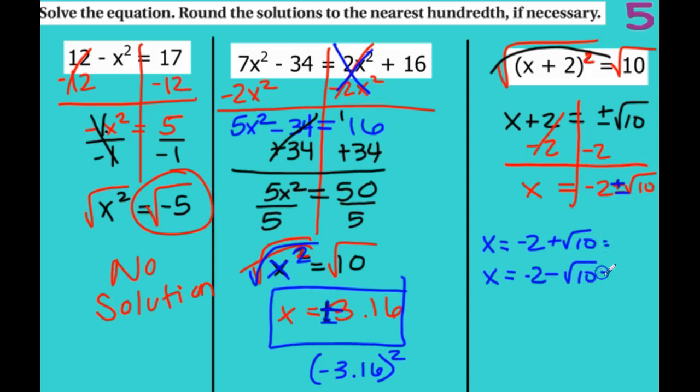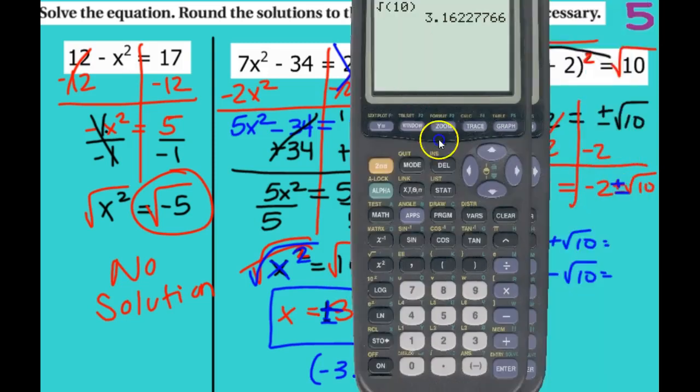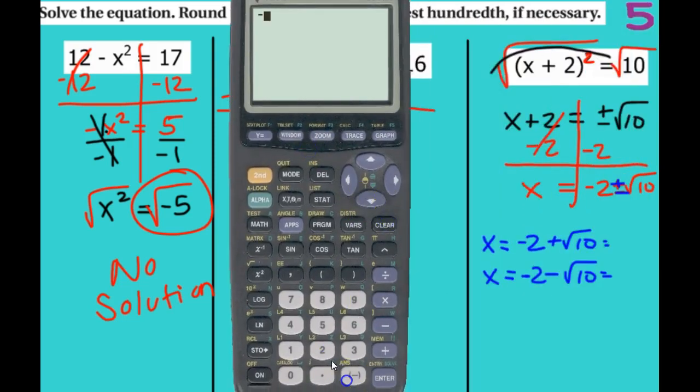So let's plug those into my calculator to figure out what are my two answers. First, I'm going to have negative 2 plus the square root of 10. That gives me about 1.16.